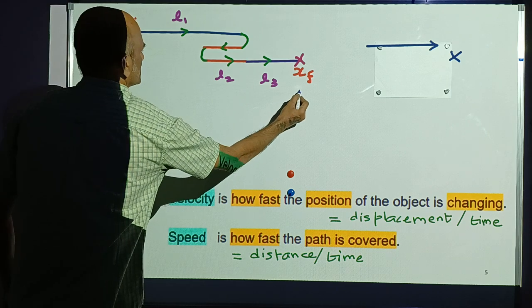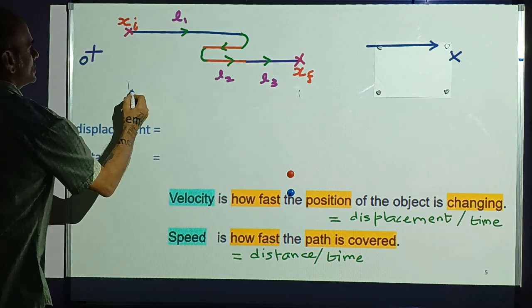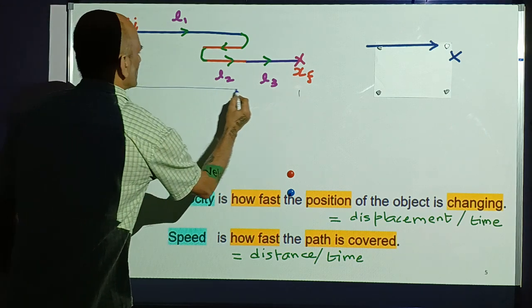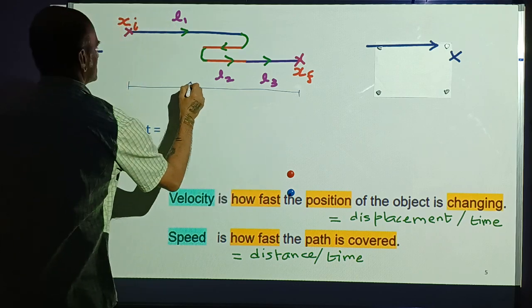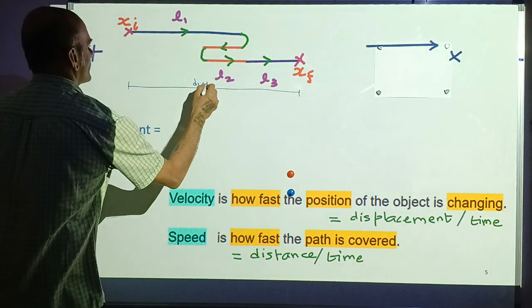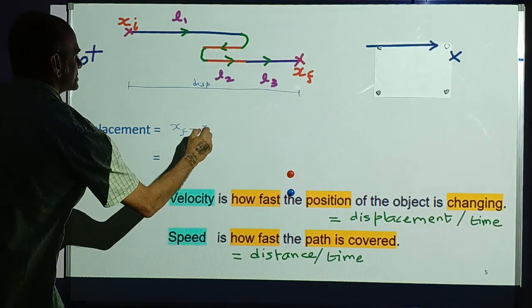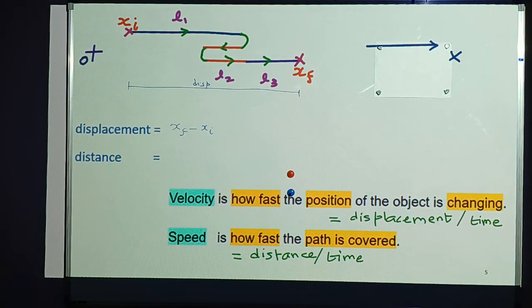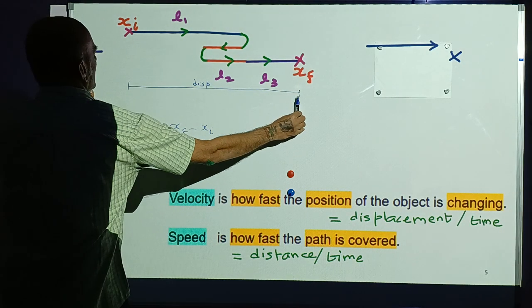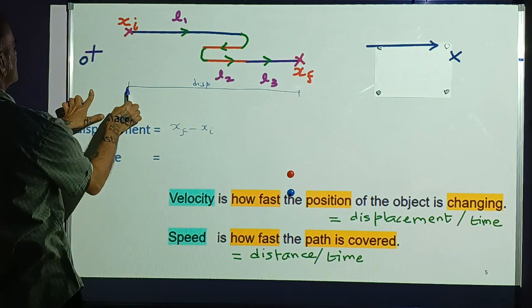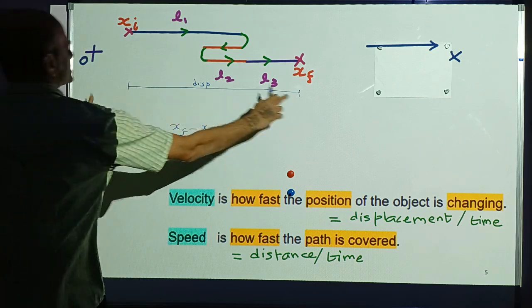So here is the final position, here is the initial position. So this distance is displacement, which is xf minus xi. Because xf is from here to here, from this we subtract this distance, which is xi, I'll get this displacement.